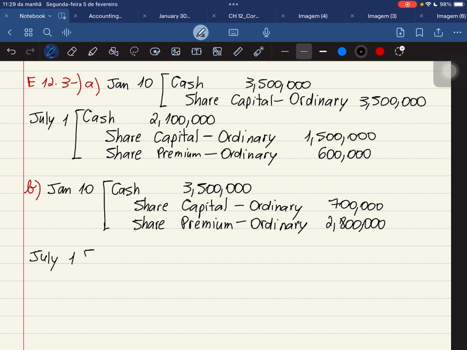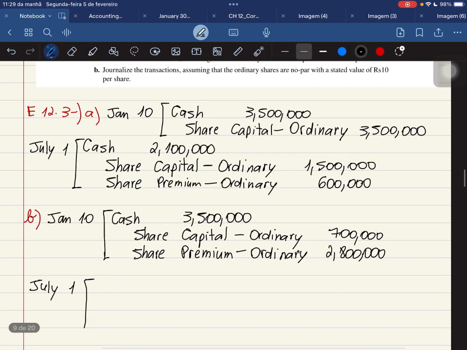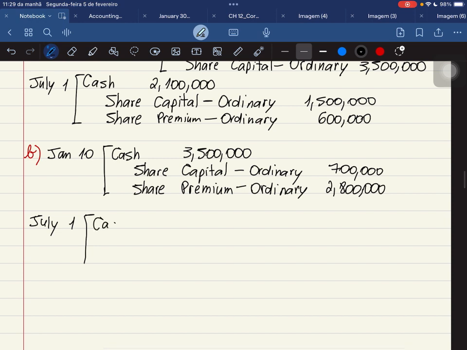Next, we have July 1st. Issue 30,000 shares for cash at 70 Rs per share. Again, this number over here is bigger than this one, so again, it was issued at a premium. So again, the entry is going to be the same.